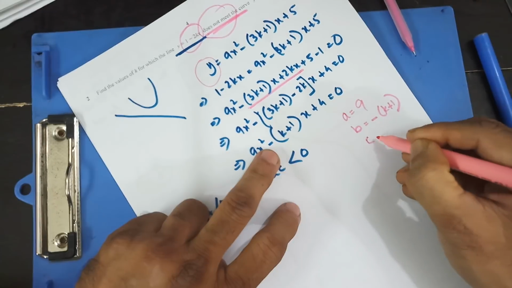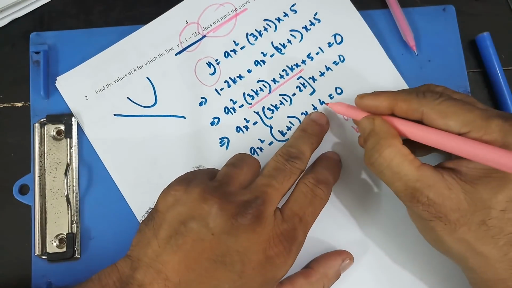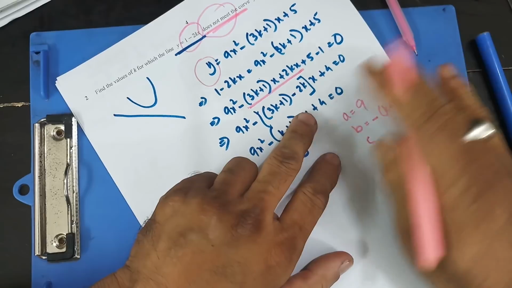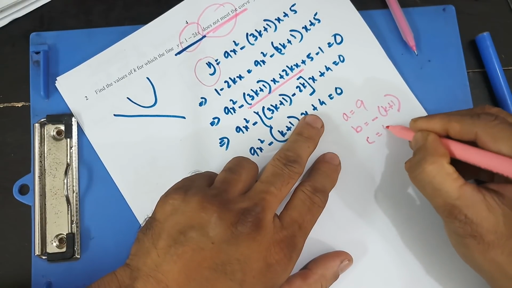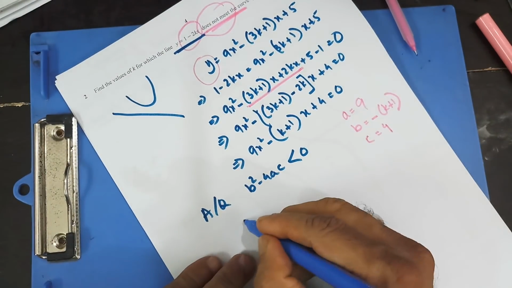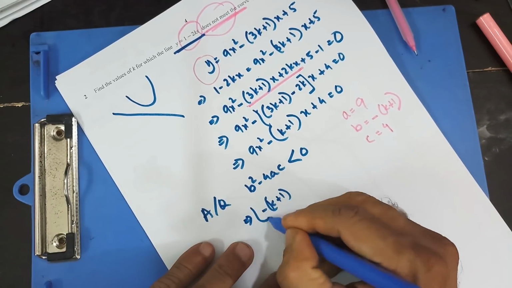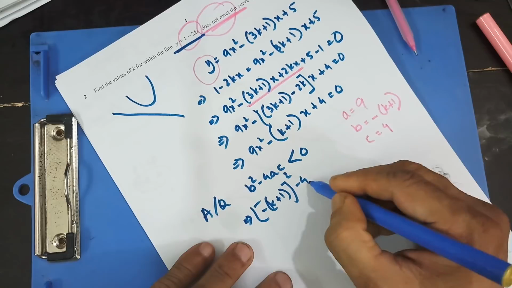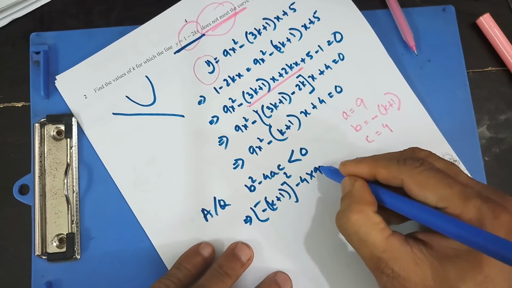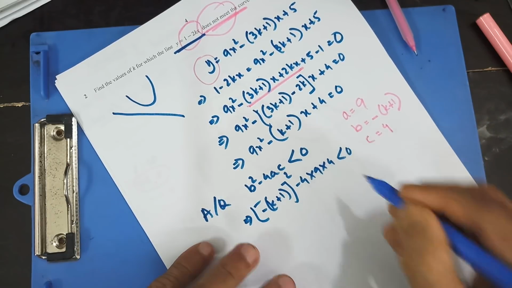And then the coefficient of x to the power 0, or constant term, or the term independent of x, is c, that's 4. So what happened? b squared, so minus (k plus 1), then whole square, minus 4a, which is 9, and c, which is 4, less than 0.